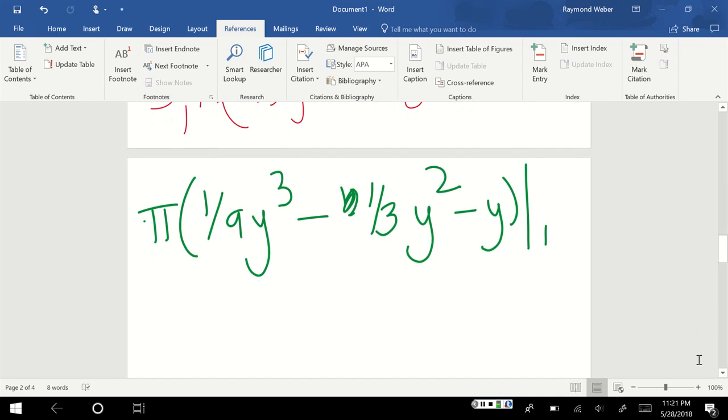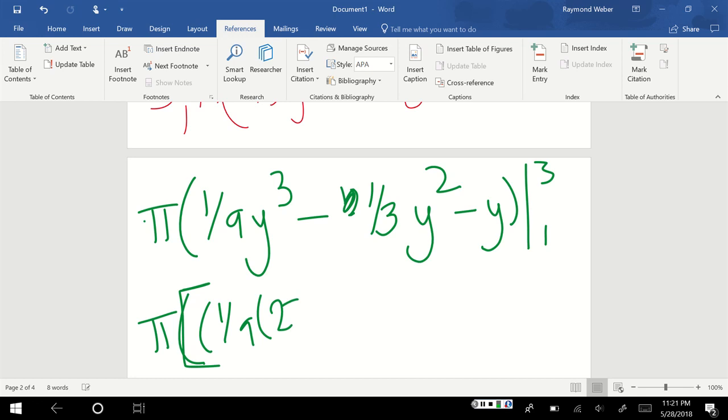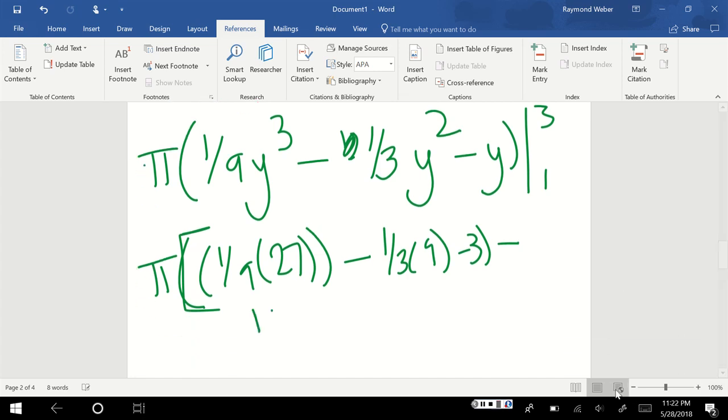Okay, this doesn't seem so bad. So pi, and do this out here. In here I have 1/3 times 3 to the 3rd is 27, minus 1/3 times 9, minus 3, minus, and then the whole big second half, 1/9 minus 1/3 minus 1.